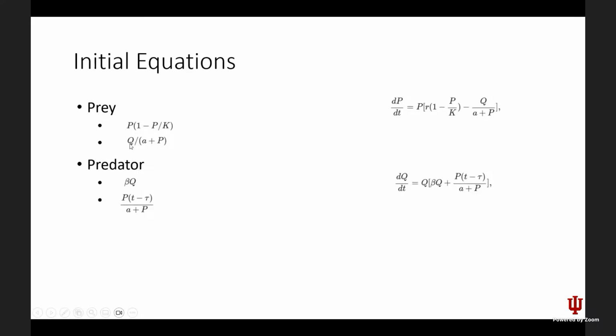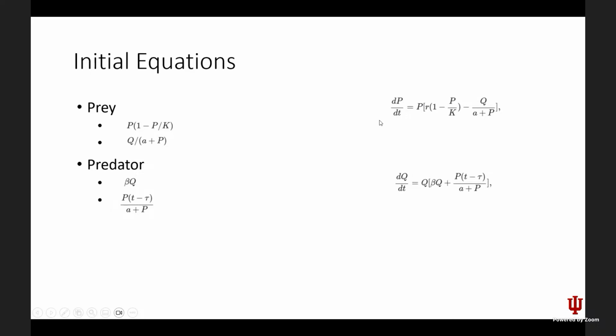Q is the population density of the predator, and alpha, or A, is quantified as the conversion rate of turning prey into usable resources. So the rate of change of prey is related to both the prey and the predator.